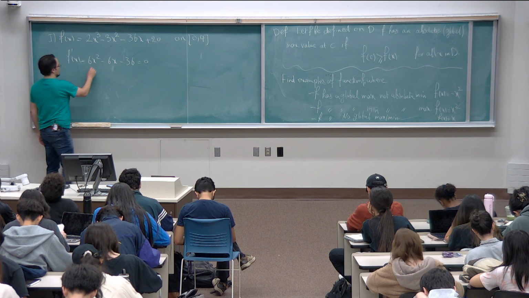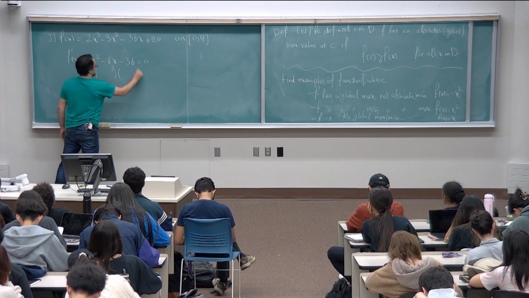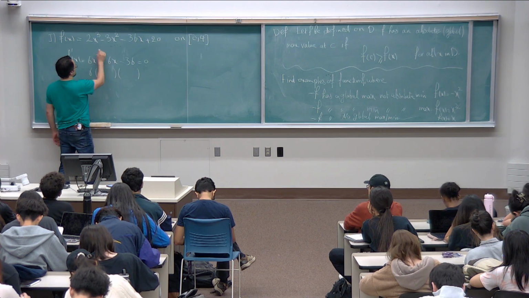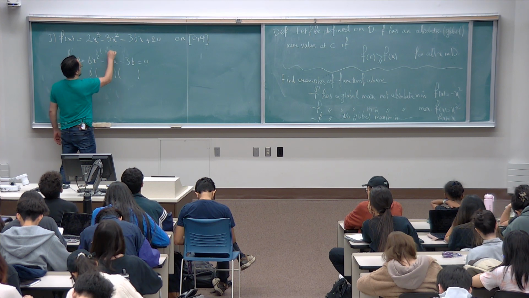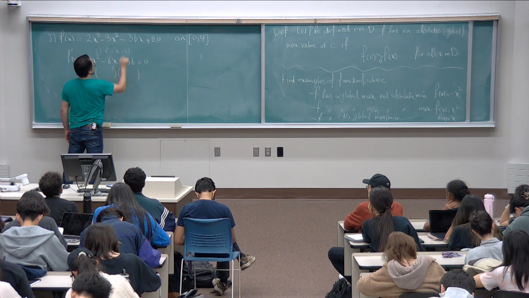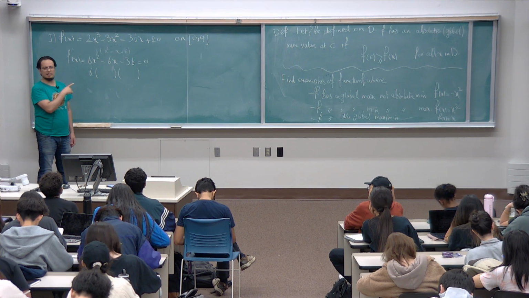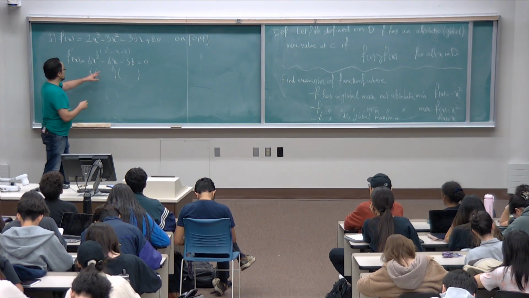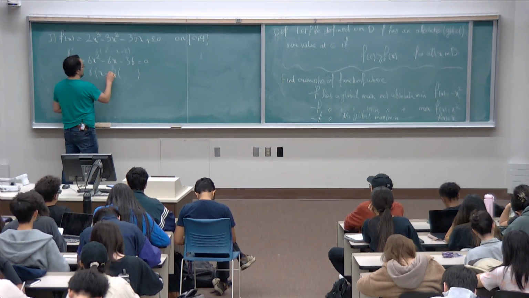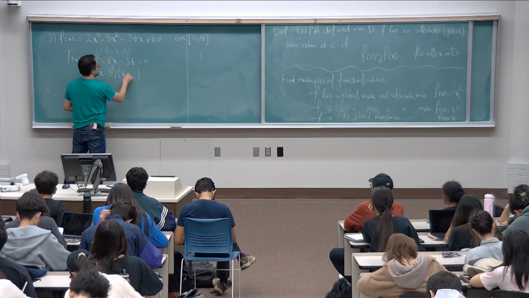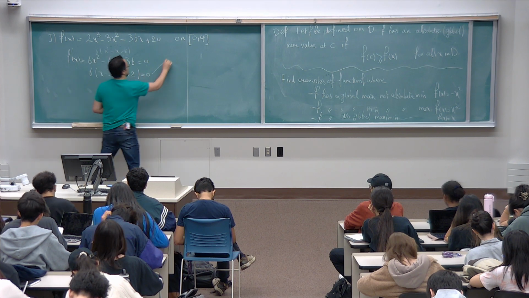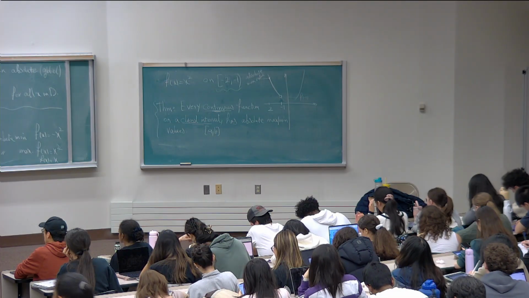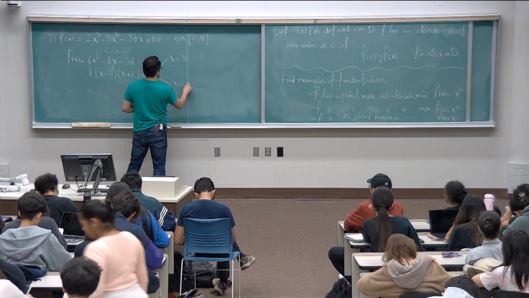If I factor out 6, here would be x squared minus x minus 6. We did this example yesterday, on Monday, I believe. So here we get x minus 3, x plus 2 is equal to 0. That means that x either is 3 or x is negative 2.